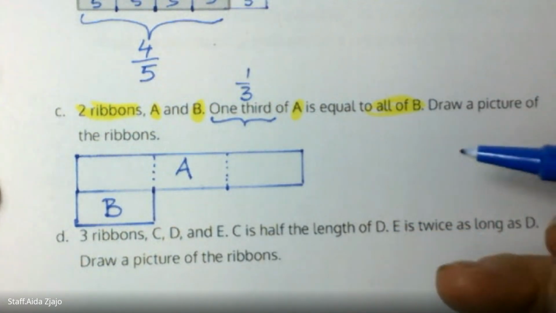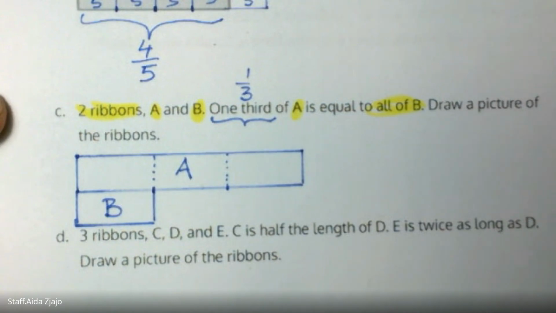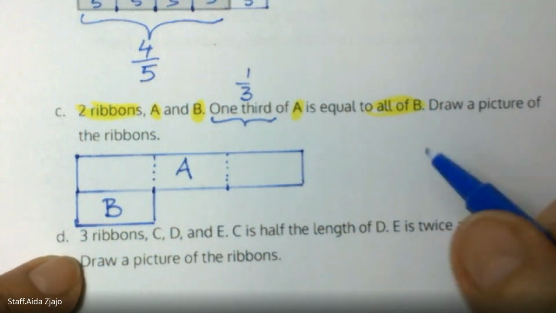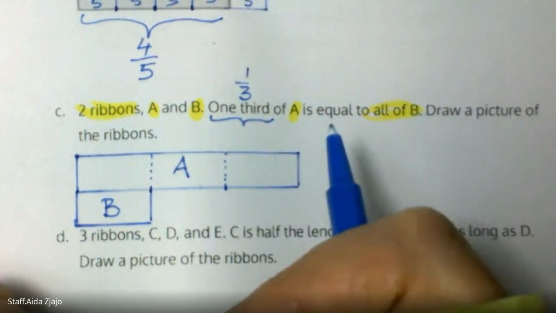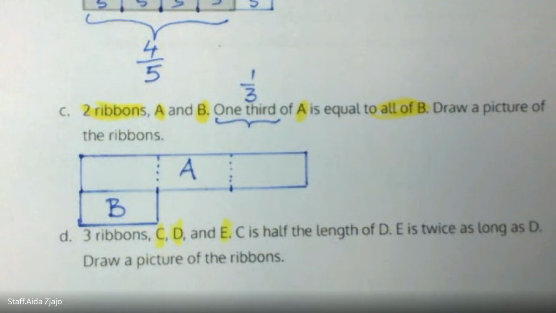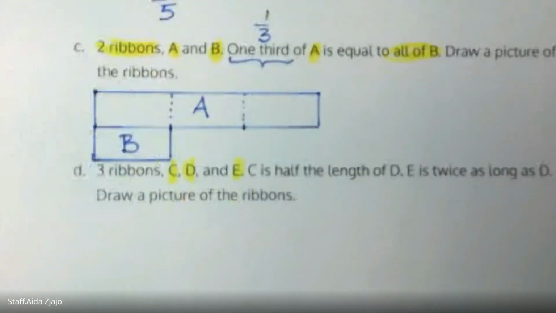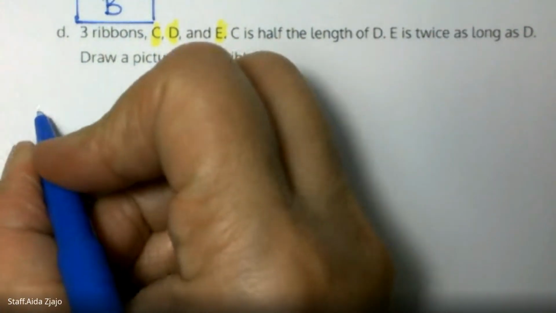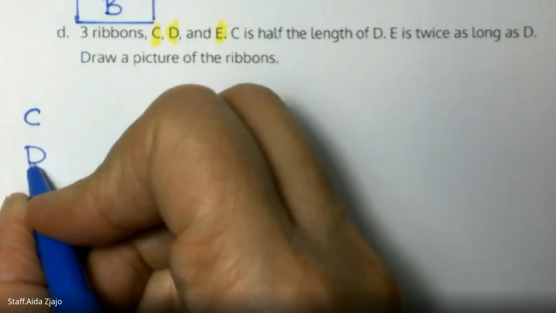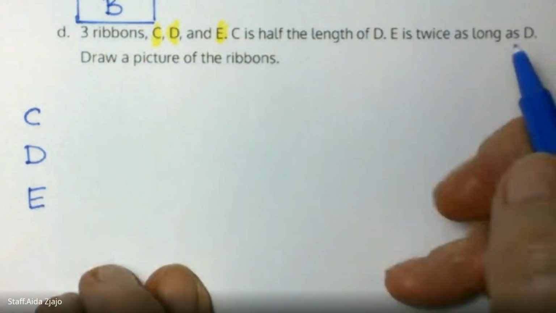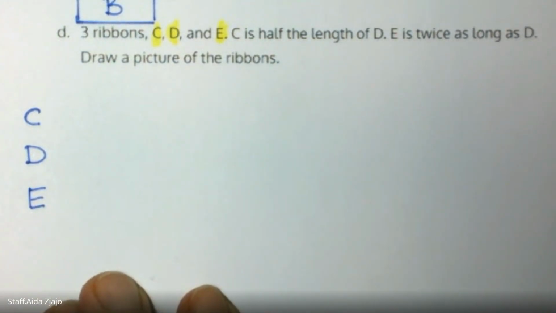Okay. Next, 3 ribbons. They should have C, D, and E. Let's label them C, D, E. Okay, so let's read the clues.